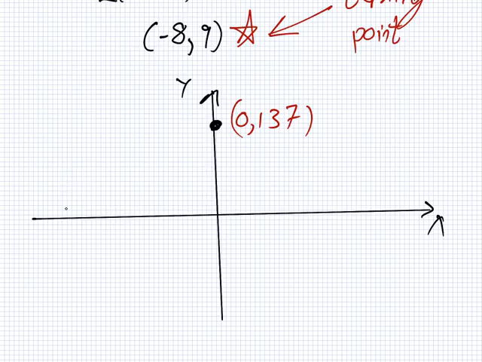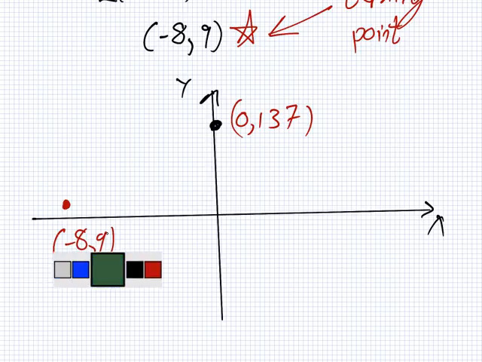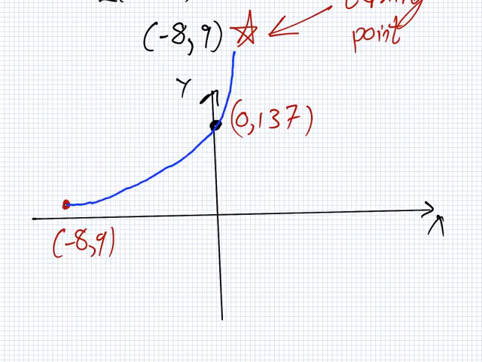No, that's too high. Like here. So this is minus 8, 9, for example. Now when I draw, we should have 3 points, but in this case 2 is enough because when I make my curve, I know that when I hit this point, I need to start going back up. That's ugly, but you get the idea.